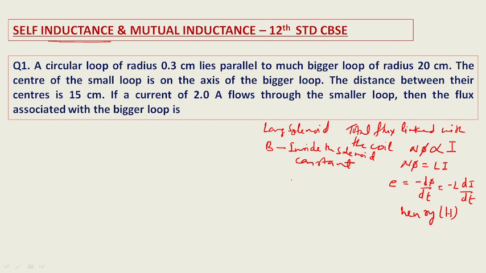The self-inductance of that solenoid can be given as mu 0 n square A by L, where n is the number of turns per unit length.